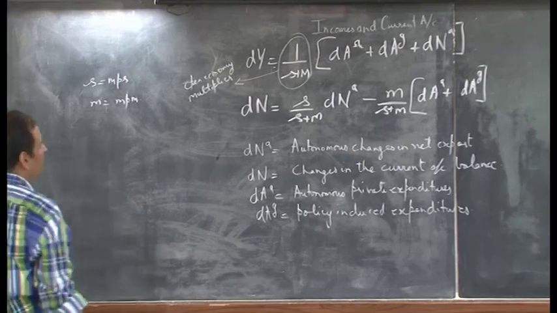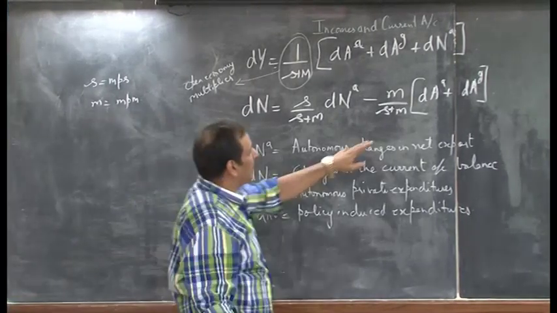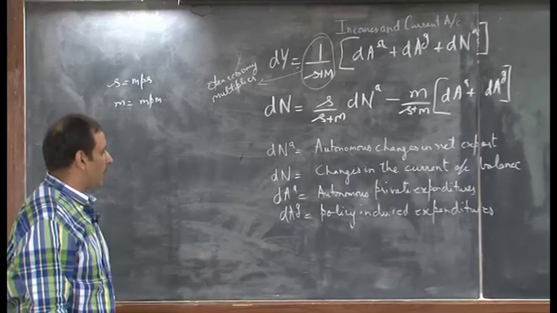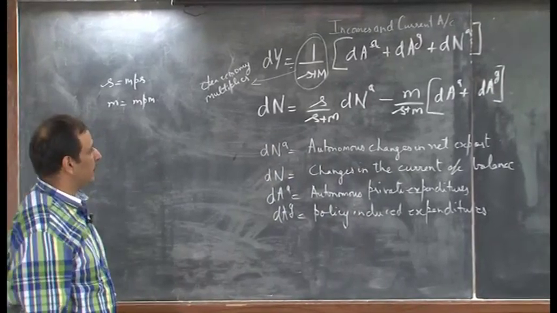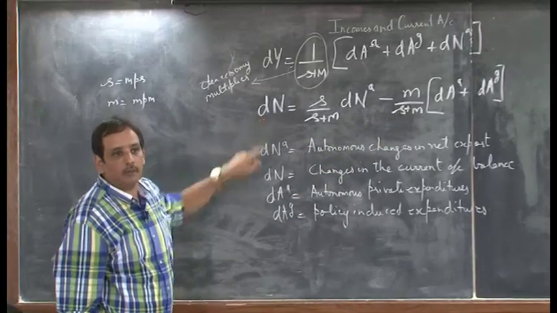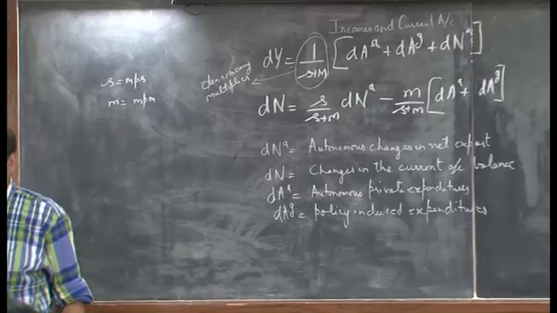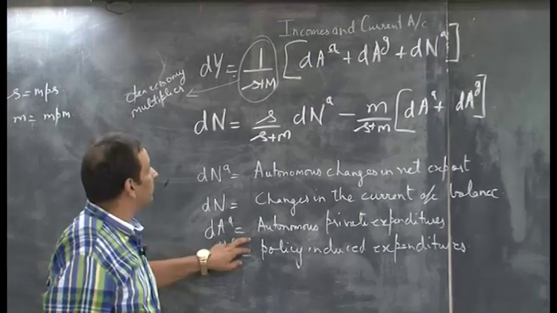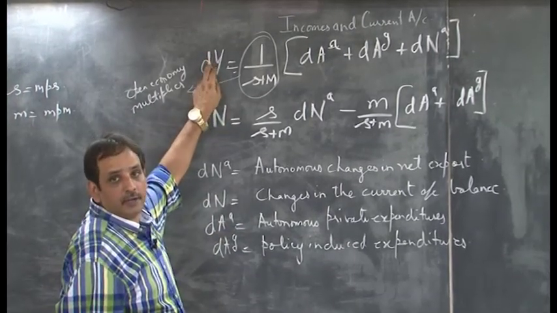The second equation tells us that if there is a change in the autonomous private expenditures or policy induced expenditures, it tends to deteriorate your current account balance. Reason being that if you increase the autonomous private expenditures and policy induced expenditures, they tend to have an impact on the incomes.